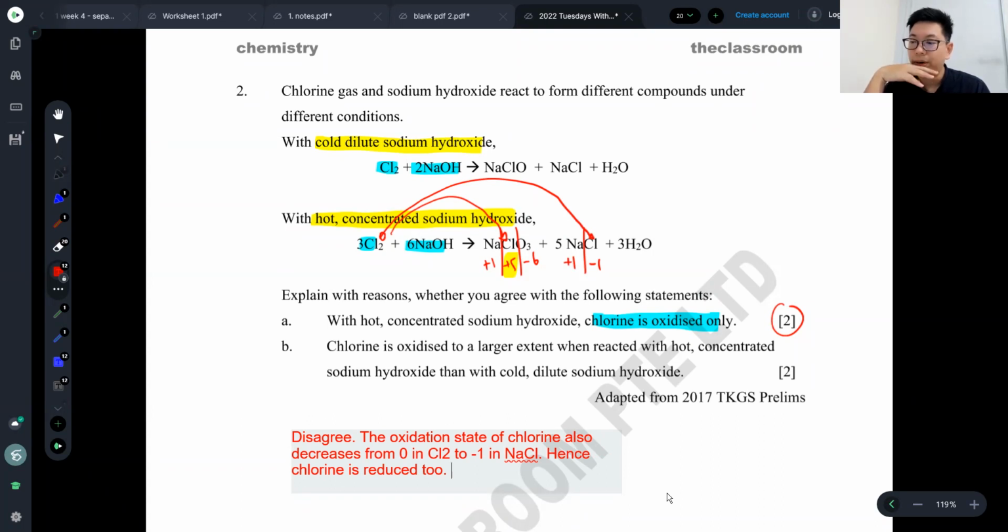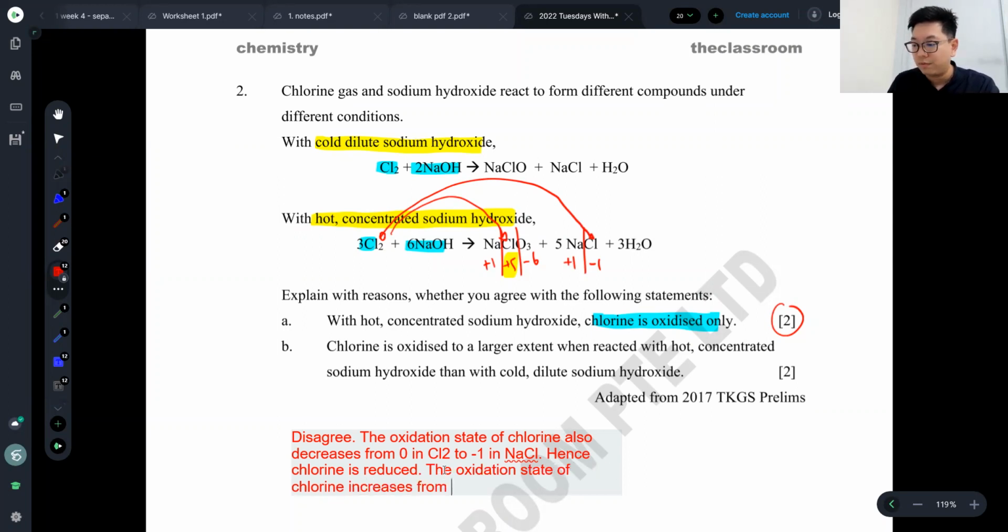Explain whether you agree. Okay, I'm going to write both.